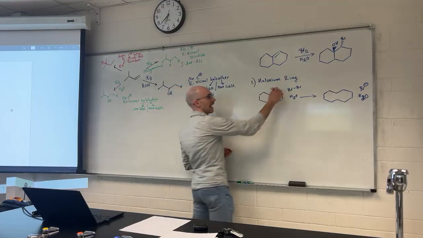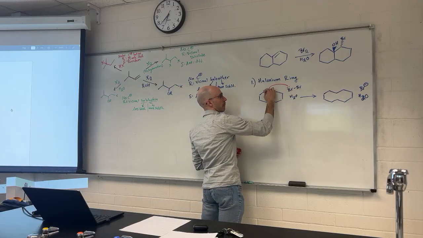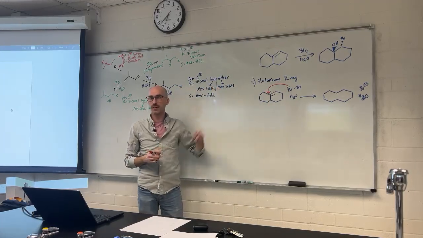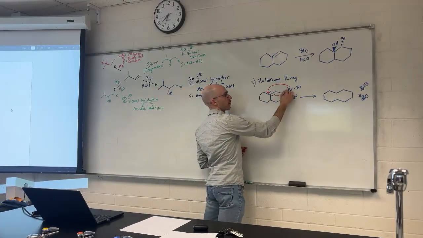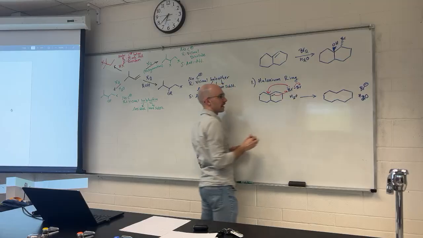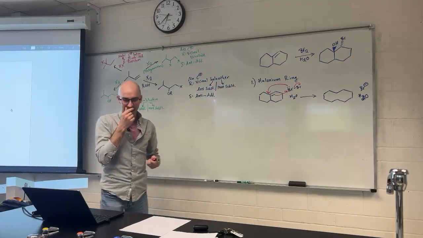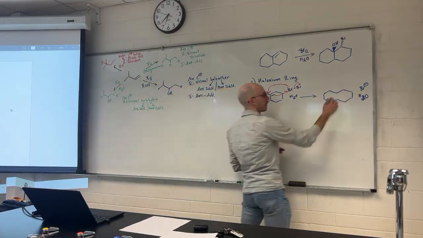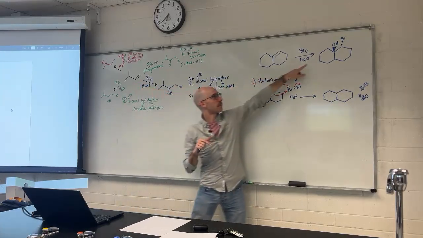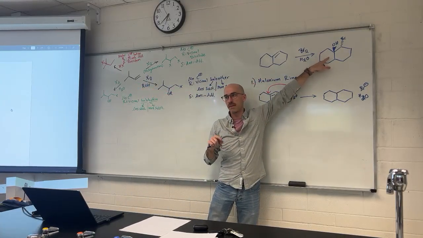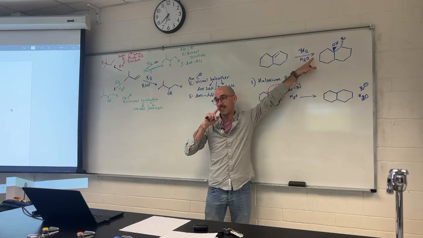So when bromine attacks, we can show it attacking more substituted. The less substituted carbon is used to attack the bromine. If this is the product that I want to form, there are different stereoisomers that form.